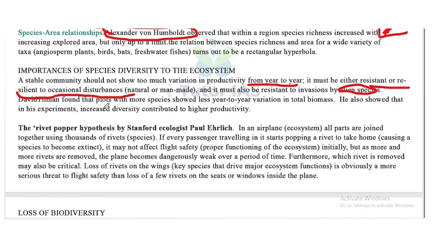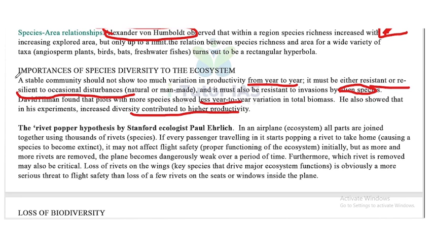David Tilman found that plots with more species showed less year-to-year variation in total biomass. He showed in his experiment that increased diversity contributed to higher productivity. So we are discussing the importance of species diversity to the ecosystem.